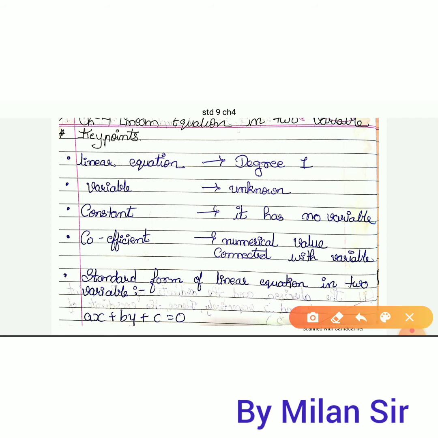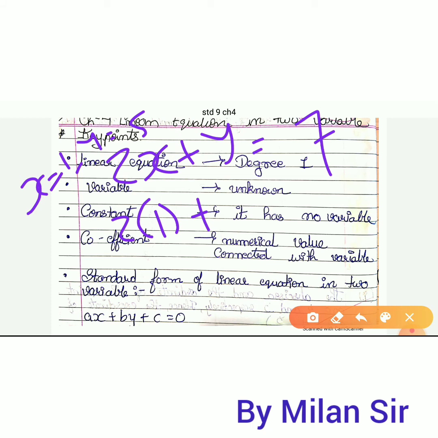If I write 2x plus y equals 7, then if I put x equals 1, I can put y equals 5. Check this value: 2 ones are 2, plus 5 is 7. This is a solution of this equation.